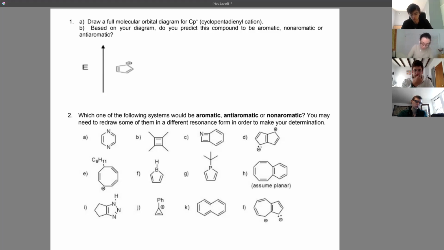I guess then we're done. Or, C, did you say anti? See, I said aromatic. Aren't there 8? Are you able to count 2 from the nitrogen? Yeah, I thought nitrogens that are double bonded do count towards aromaticity.